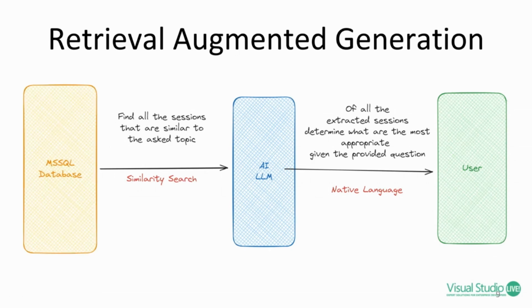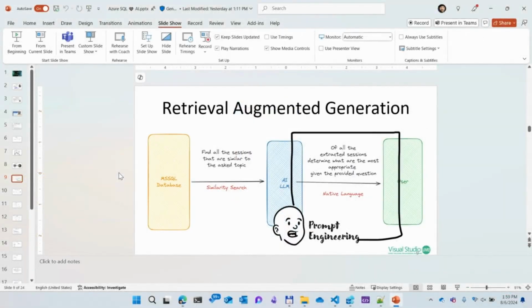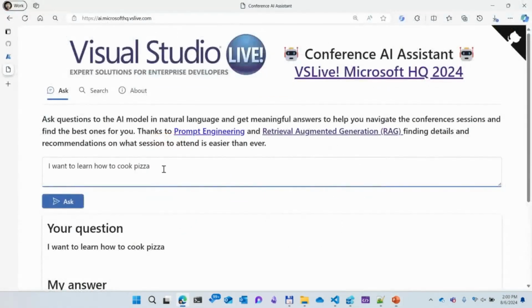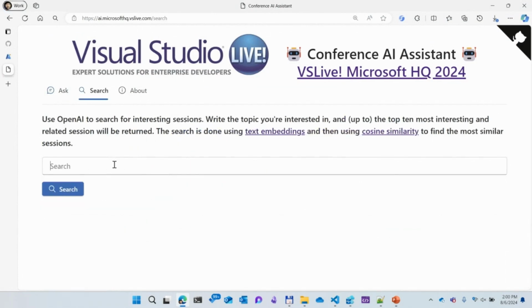Because if I only use vector search, just to make sure that the sessions are returned in order by how similar they are to a topic, what can happen is that I take this context, this text, this topic I want to be compared against my sessions. Now here I'm on the search tab, so I'm only doing semantic search or vector search. Let's see what happens.